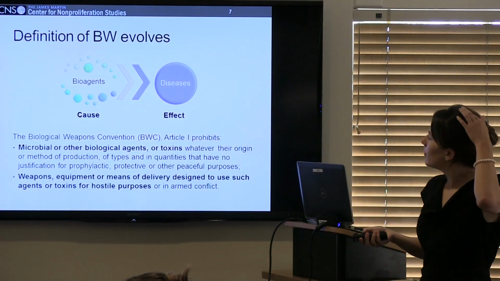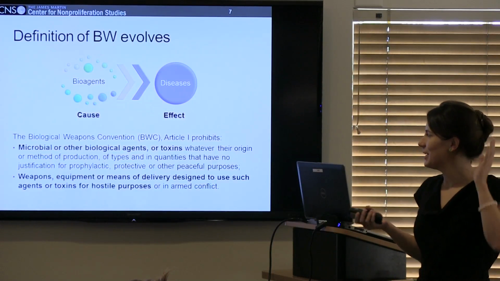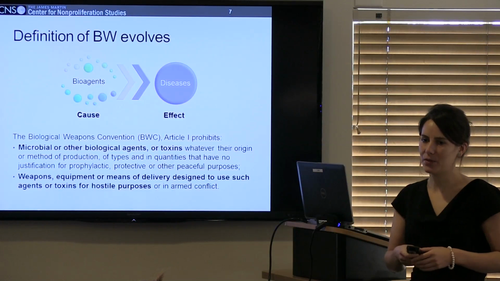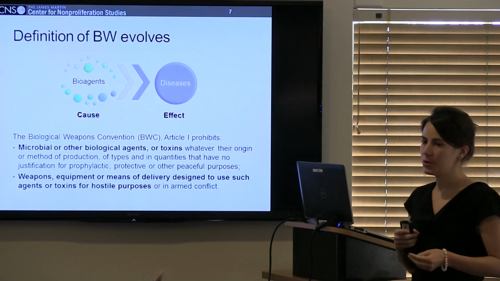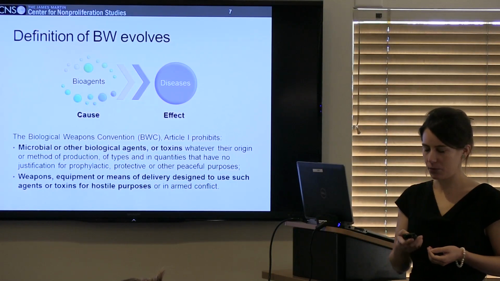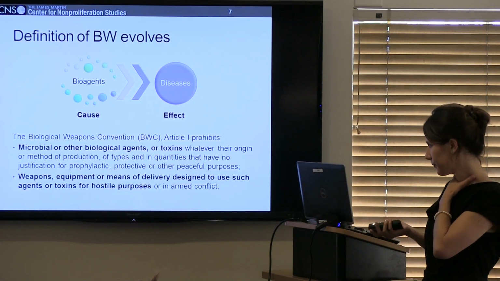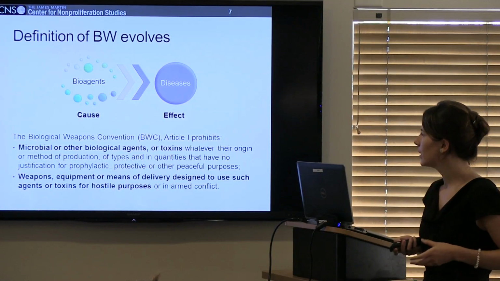Take the most current definition, maybe, that comes from the Biological Weapons Convention, and you see that it's also about microbial and biological agents or toxins. Toxins are the chemical elements produced by living organisms that are being controlled.